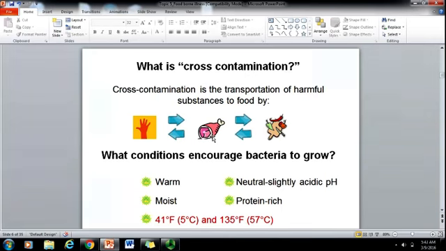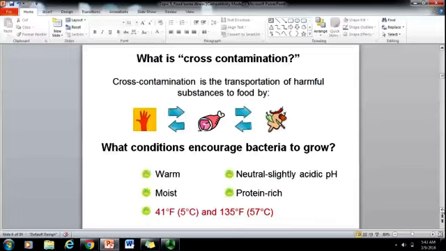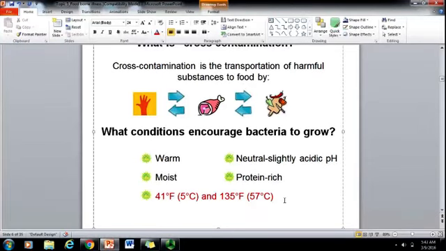As I mentioned earlier, TCS food is food that has high protein and a neutral to slightly acidic pH. That is one of the factors that we can control. The other conditions that permit bacterial growth are warm and moist conditions, and also, very crucially, the temperature at which bacteria can multiply by dozens or even millions.